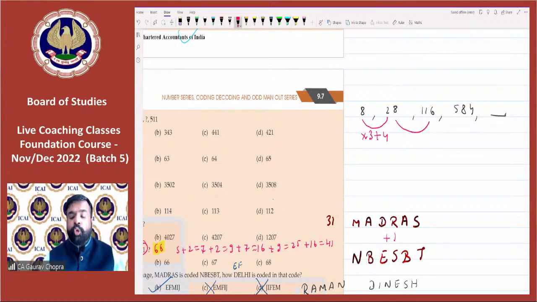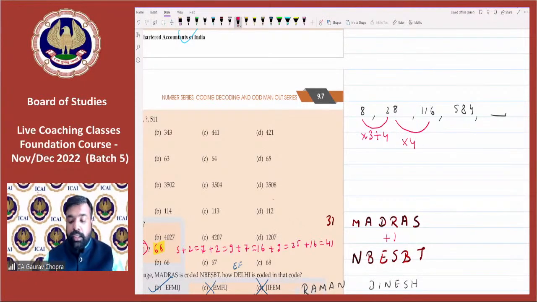From 28 to 116, how much times? 3 times or 4 times? If we try for 3 times, it is 84. The gap is much. If we try 4, 28 into 4 is 112. And from 112 to 116, gap is of 4.